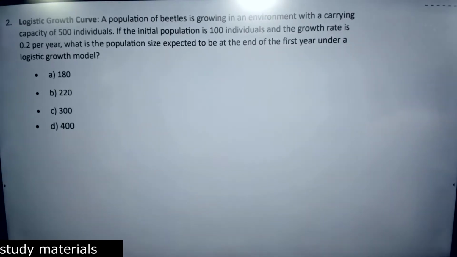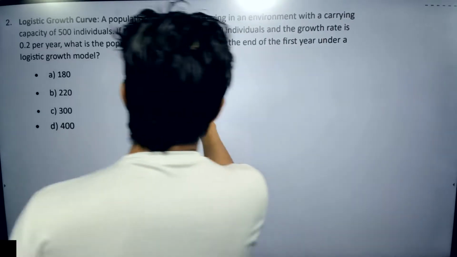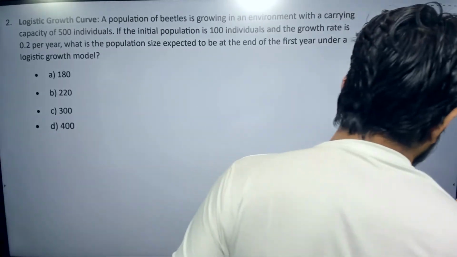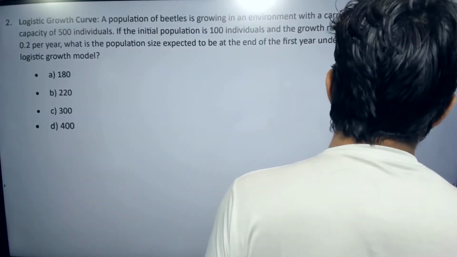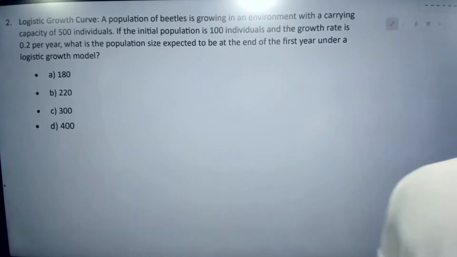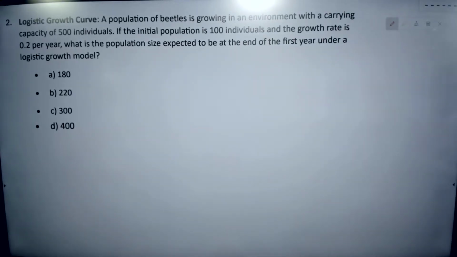But to answer this particular question, what do we need to do? The formula that you need to use here is the population growth formula.